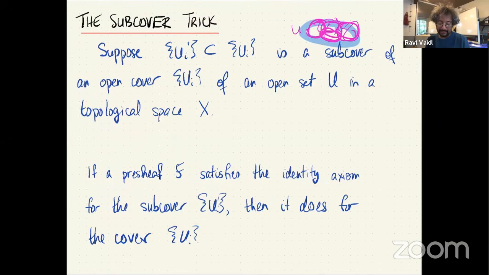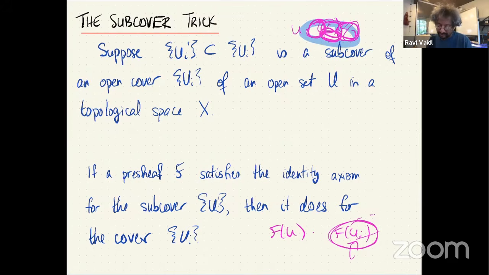If you parse what this says, if you have two elements of F(U) and you're wondering if they're the same, and they're the same over each of these smaller things, then they must be the same. But if I know that they're the same on a subset of the smaller things, on fewer of them, then I'm already done. That's all I need. So it's a strictly weaker question. Am I saying that the right way? I'm saying this horribly.